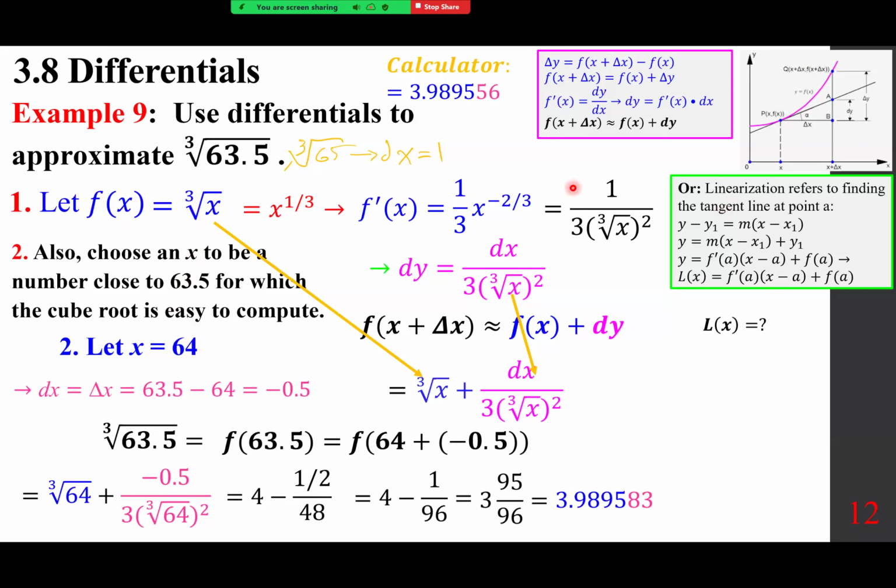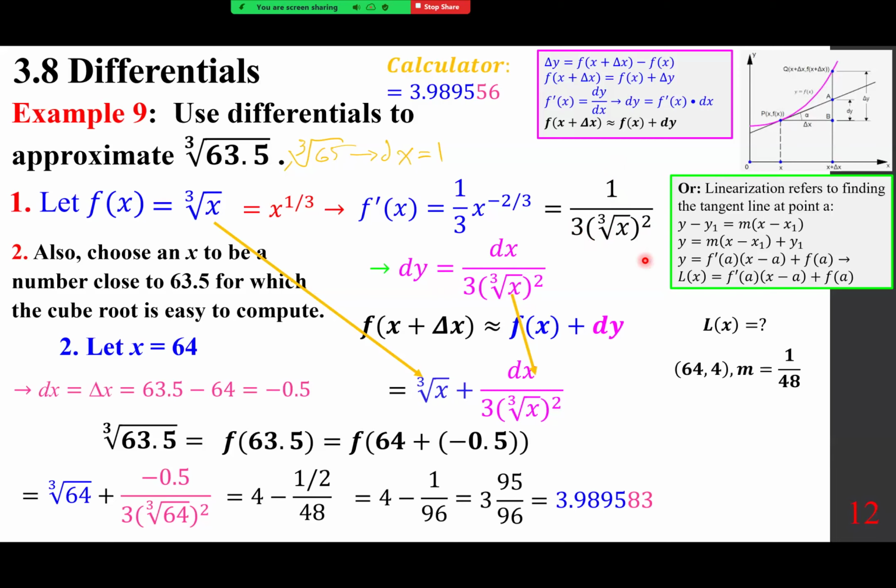We found f prime. So if we plug in x equals 64, that becomes the slope. And of course, if you recall, this was 48, right? This denominator is 4 squared, 16 times 3 is 48. So 1 over 48. Now we want to find the tangent line.